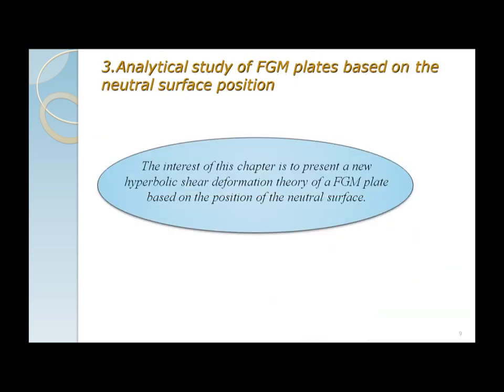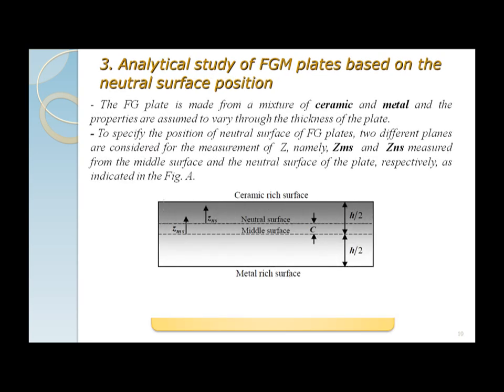Analytic study of FGM plate based on neutral surface position. The interest of this chapter is to present a new hyperbolic shear deformation theory of FGM plate based on the position of neutral surface. The FG plate is made from a mixture of ceramic and metal, and the properties are assumed to vary through the thickness of the plate.